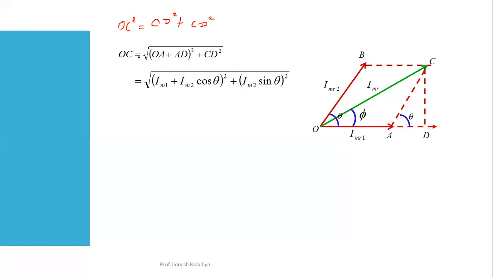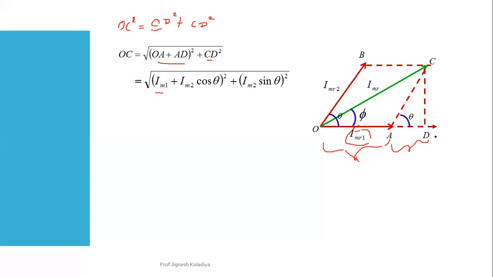Now OC is equal to square root of OD square plus CD square, but OD is what? OD is OA plus AD. So the same thing is written over here. Now, as I told you, I know the length OA, that is IMR1.